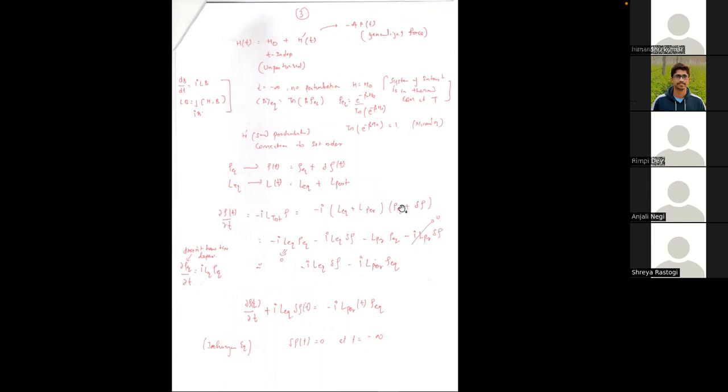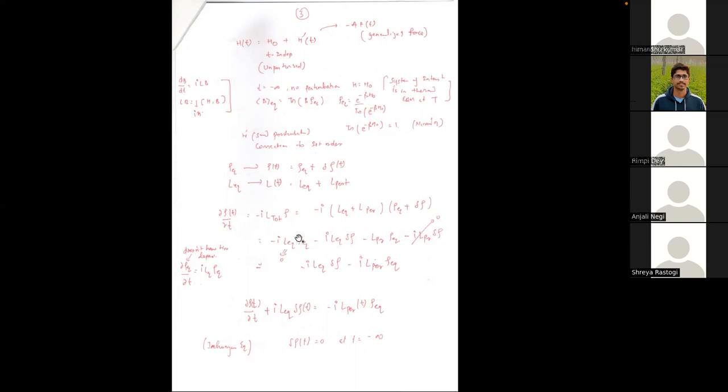If you expand these terms, you get four terms. The last term, L perturbation with delta rho, is very small, so we can neglect it. The first term, L equilibrium with rho equilibrium: rho equilibrium has no time dependence, so this change will be 0.